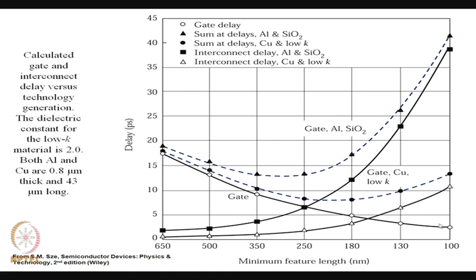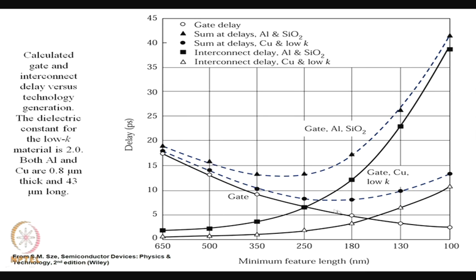This figure, which we have shown earlier also in our discussion on dielectric film deposition, shows that if you reduce the feature length, that means if you go on decreasing the feature size, for nano devices say, or scaling down, then what happens?